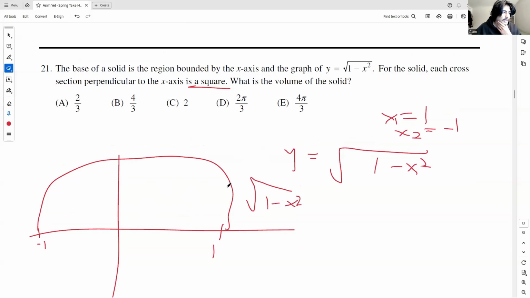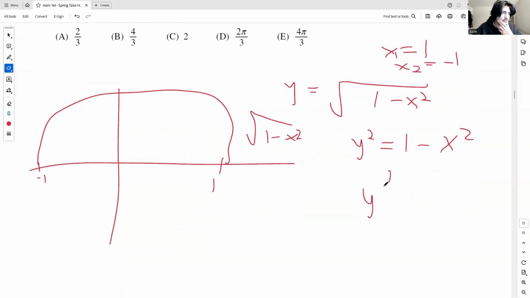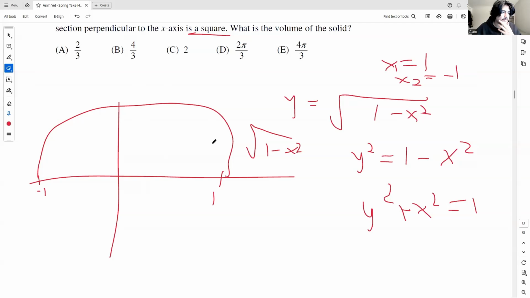Over here you also have y squared equals 1 minus x squared, and y squared plus x squared is 1. So that's how you come to this semicircle in your graph.